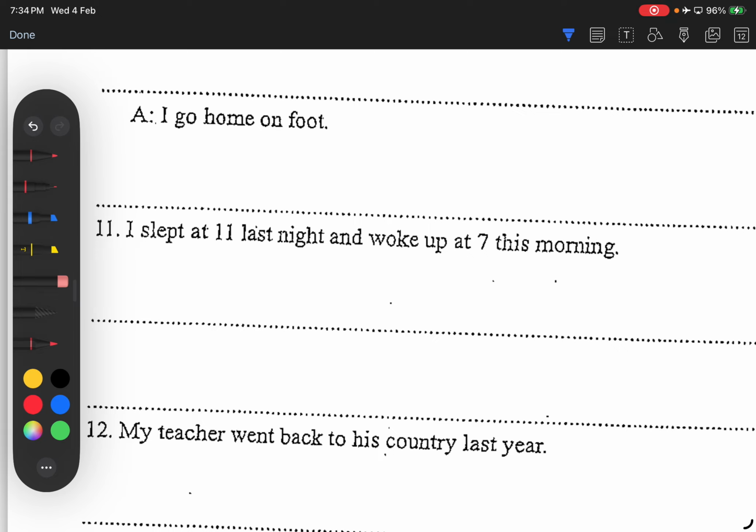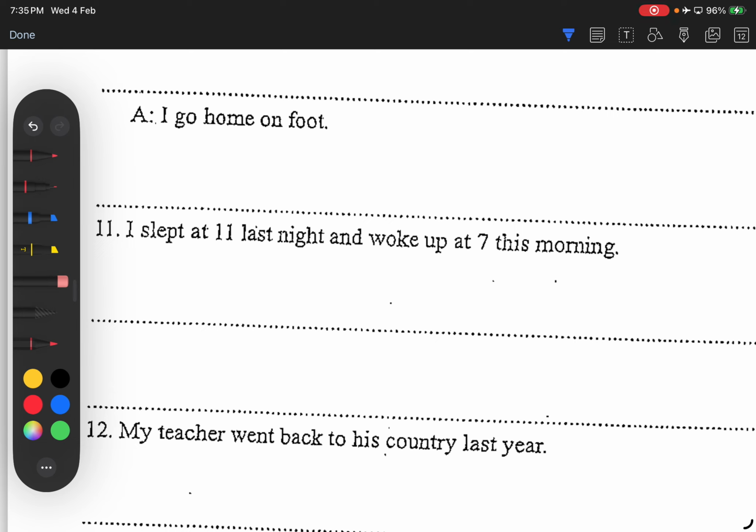Last night, 私は昨日の晩11時に寝ました。 Before that, the sentence connector, and, in Japanese is そして. そして今朝7時に起きました。 Thank you very much.